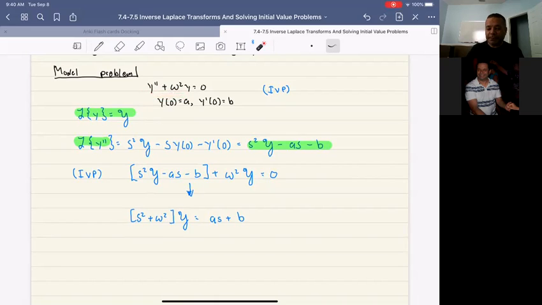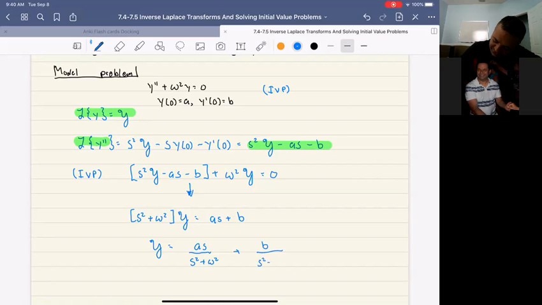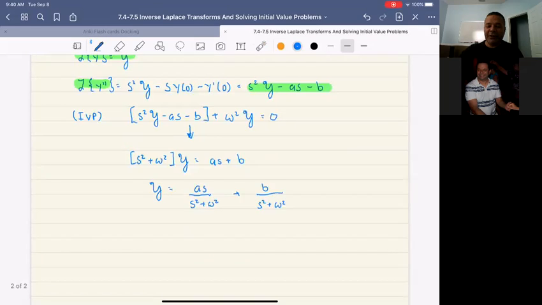Now we're going to solve for Y. So Y equals a s over s squared plus omega squared plus b over s squared plus omega squared. Okay, and now we're going to take the inverse Laplace transform of these things.